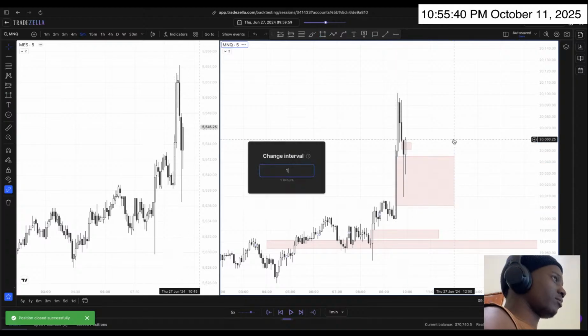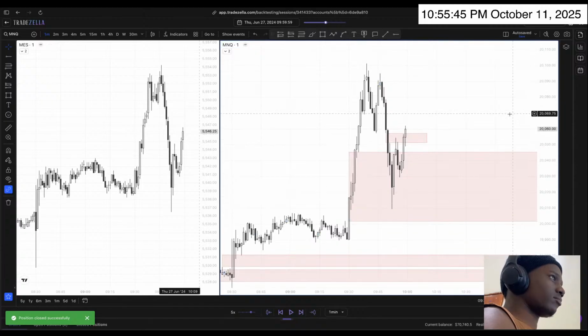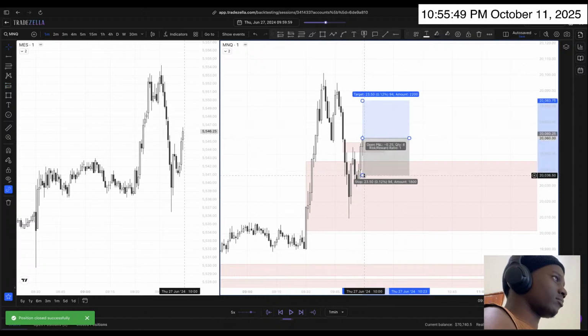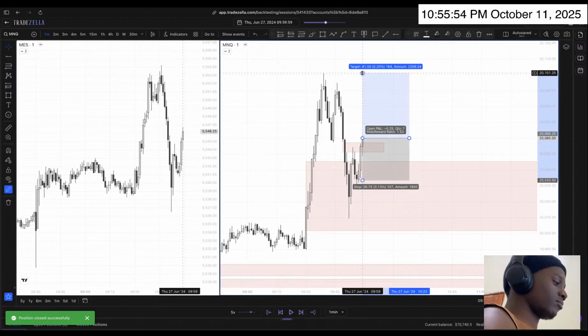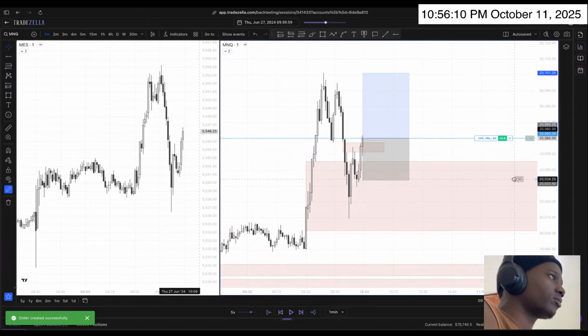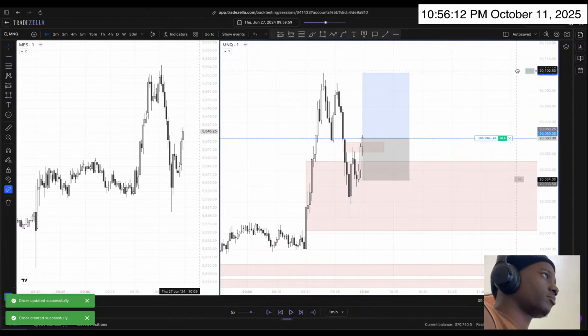So in the macro, good SMT. It's slow, close to 10 plus to here, and small take profit.